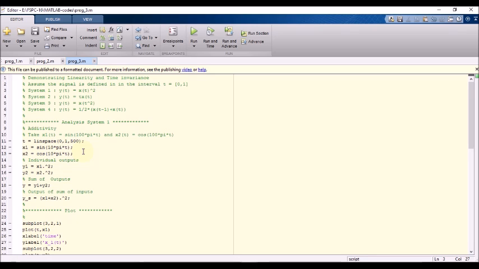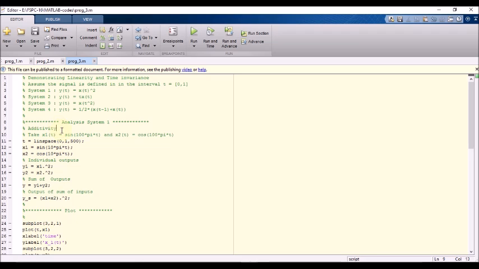Let us prove by means of this simulation experiment that this system is indeed nonlinear. We have shown that a system is linear if and only if it satisfies the two properties, additivity and homogeneity. So to show that a system is nonlinear is to disprove any one of these properties.